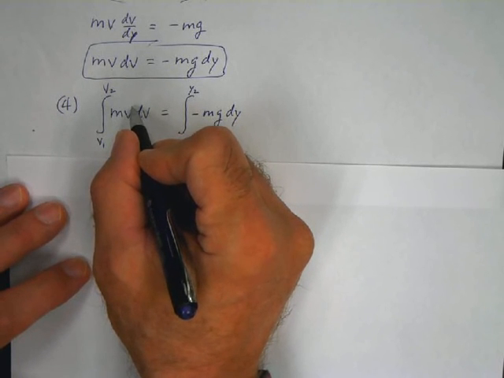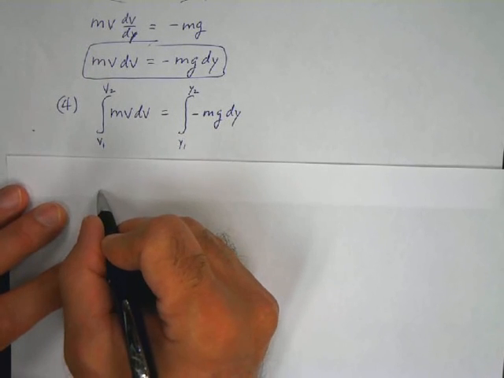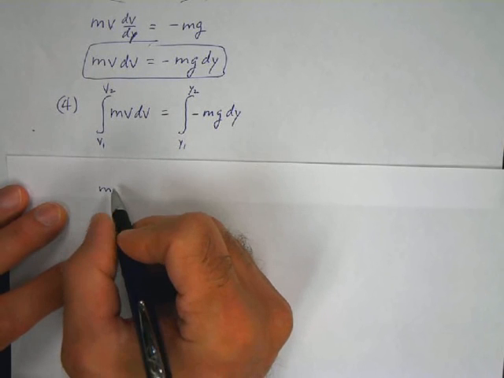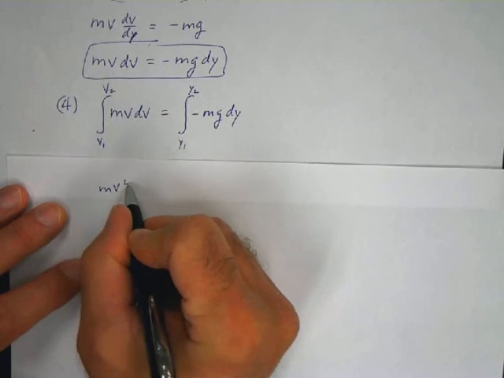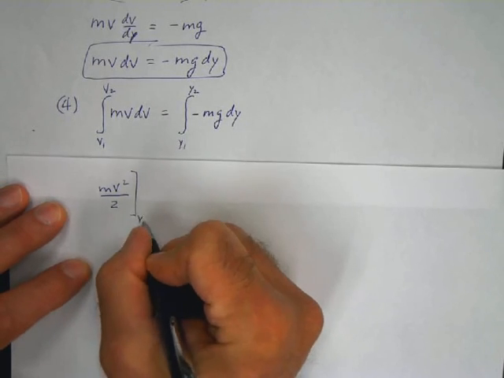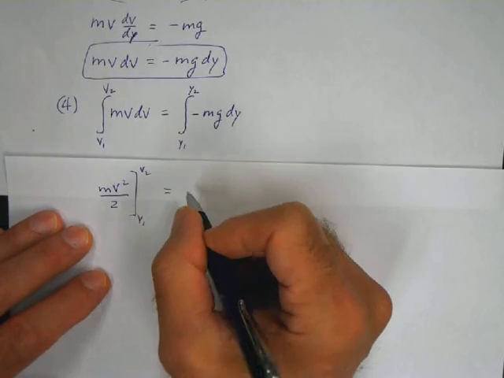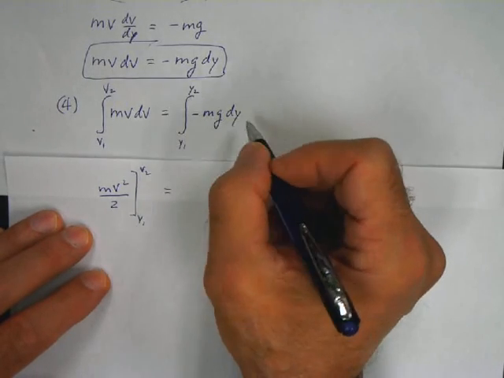So now what happens? Well, now we'll just integrate. So this is to the first power already, right? V to the first power. So we add 1 to the exponent. That becomes v squared. And then we'll have to divide by 2. So it'd be mv squared over 2.